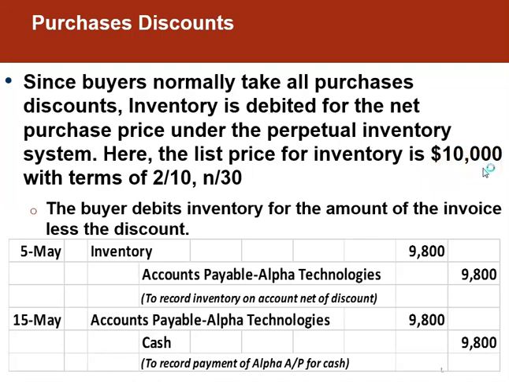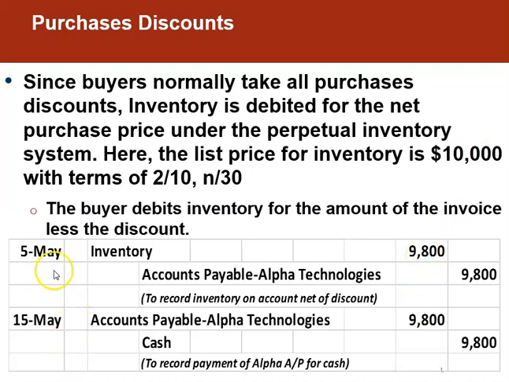With terms of 2/10 net 30, we do not record that merchandise at $10,000. We're going to record that merchandise inventory at $9,800. How did I come up with that? Well, if we take the 2% discount, 98% of 10,000 is 9,800.